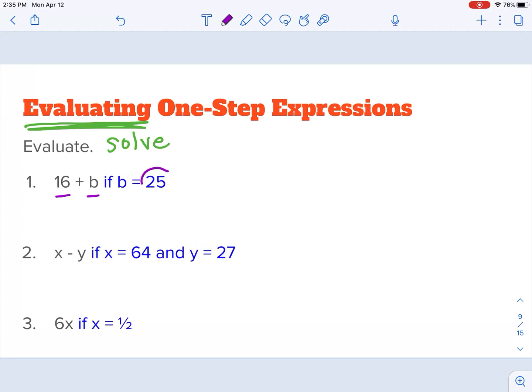We're going to take this 25 and we're going to plug it in for b. We're going to substitute it in or put it in for b. So now I have 16 plus 25. And now I can find my answer to the expression because I know what b equals, and that is 41.